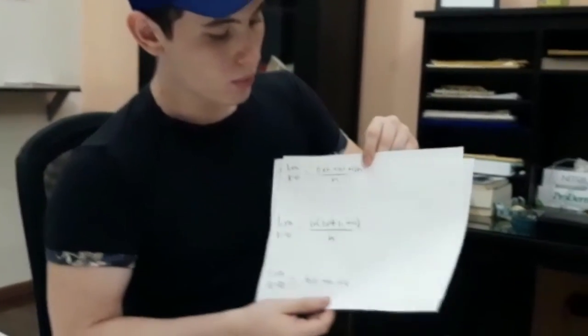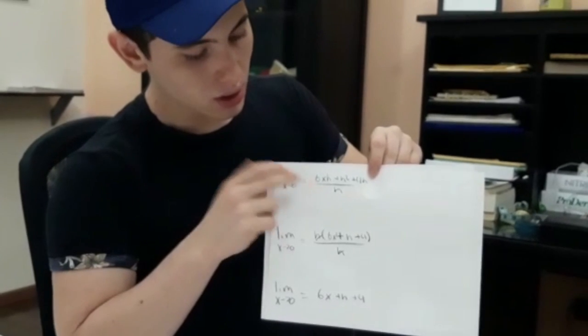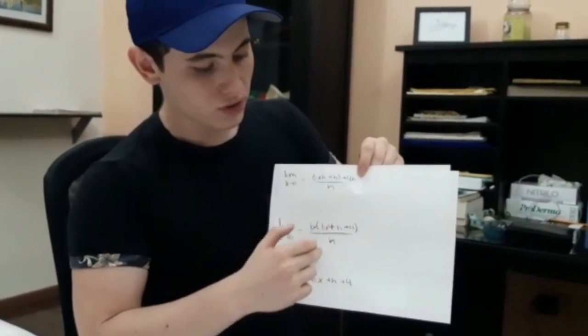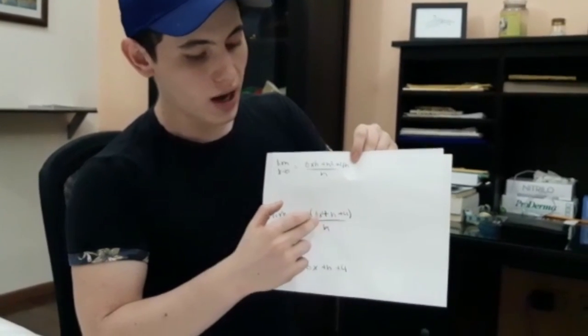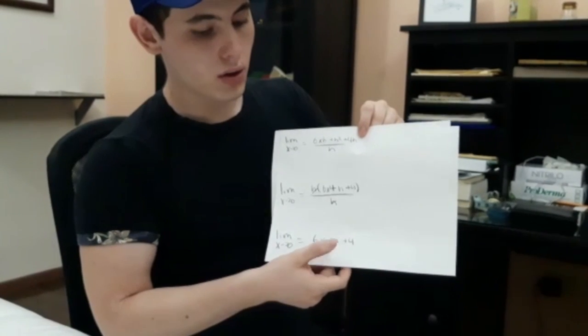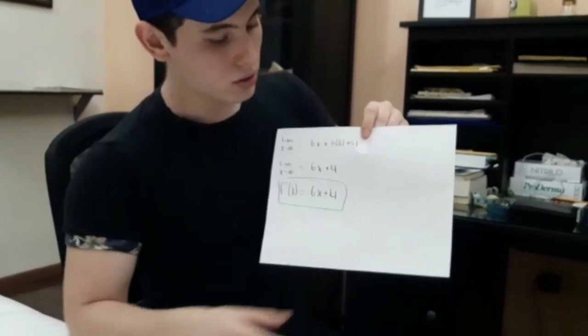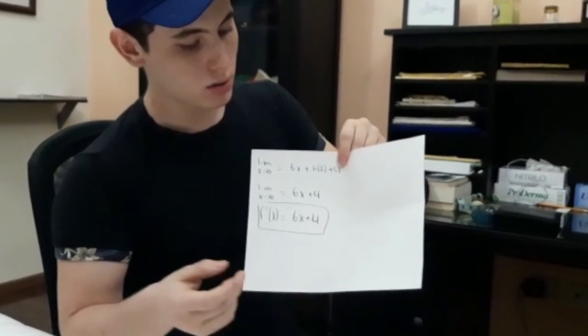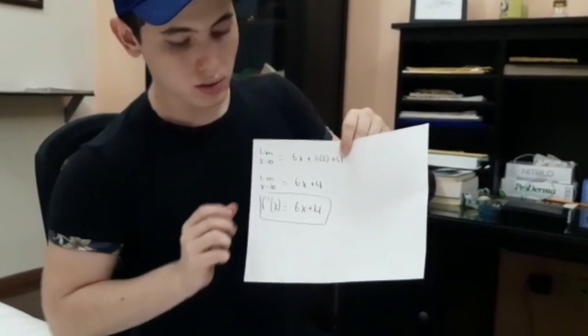The fourth step, I will have this, then I will take an h for it to be cancelled for the h that is dividing, and this will be one of my final things that I will get. And the final step is multiplying the h's times 0, and that will be the end. This is the answer.